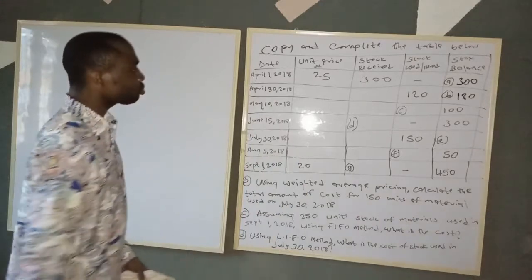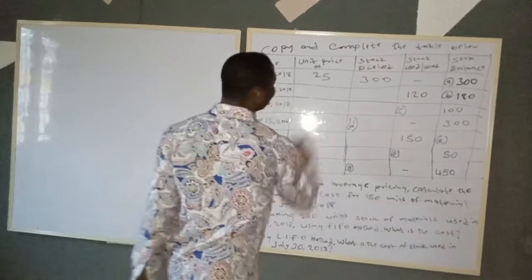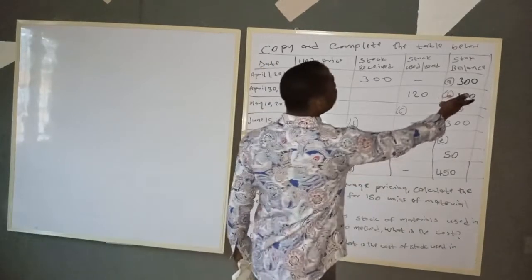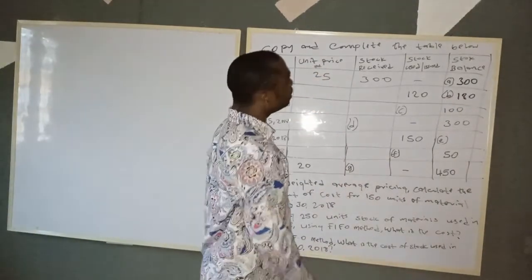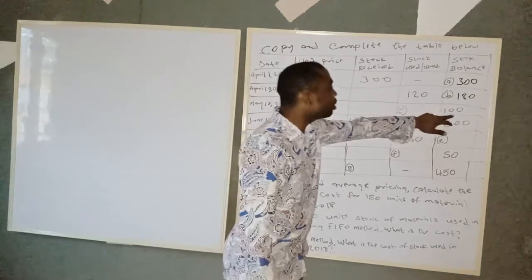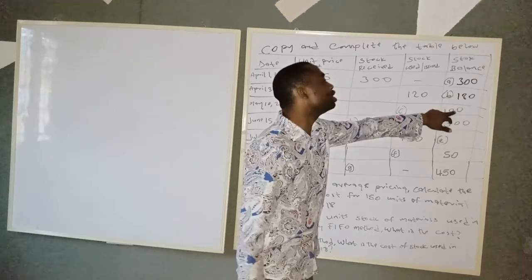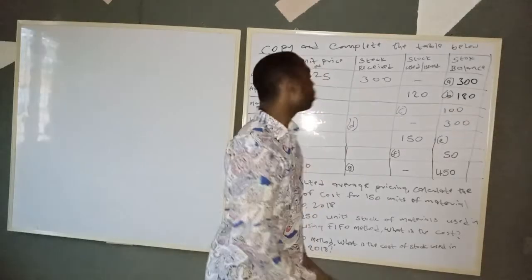Now, on May 10, 2018, they did not receive anything as well, and we were having 180 in stock before. They used some amount from that 180. They don't let us know, they said we should find out, but the remaining stock balance is 100. So how many did they use?